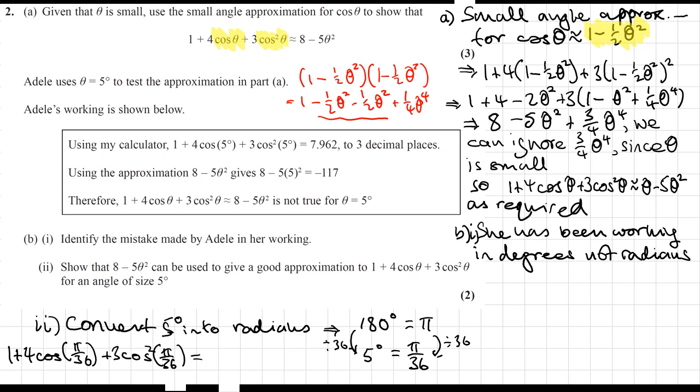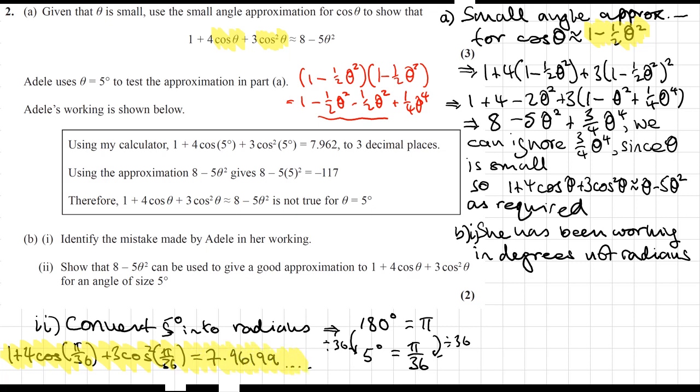So don't square the pi over 36. Right, and that's going to give us 7.96199, and then it carries on like that. And so we're now going to do the same thing with the other side. So using the left hand side gives 7.96 basically to 3 significant figures.